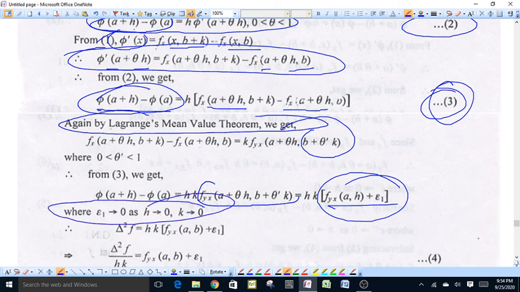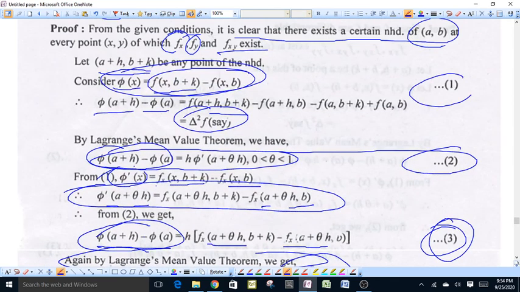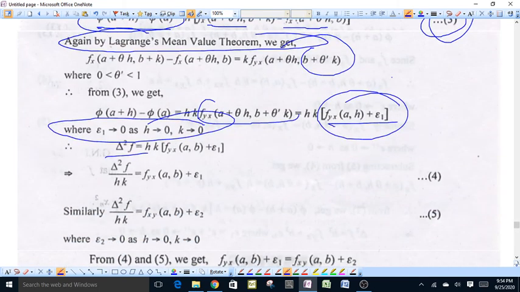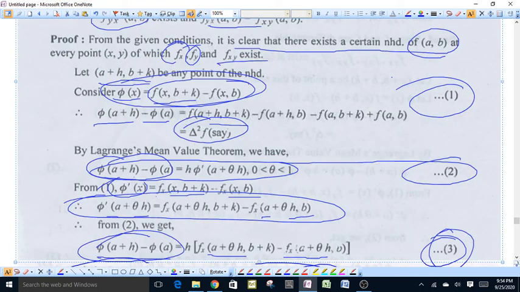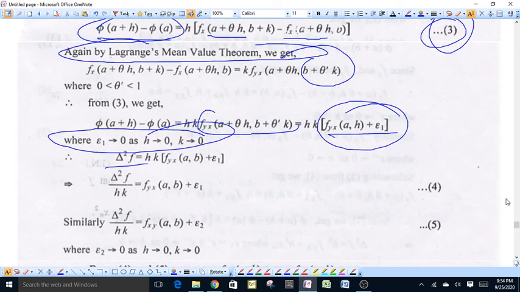This means delta square f, which is given in equation 1, will be equal to h k times [f yx at (a,b) plus epsilon 1]. Dividing both sides by h k, delta square f upon h k will be equal to f yx at (a,b) plus epsilon 1.